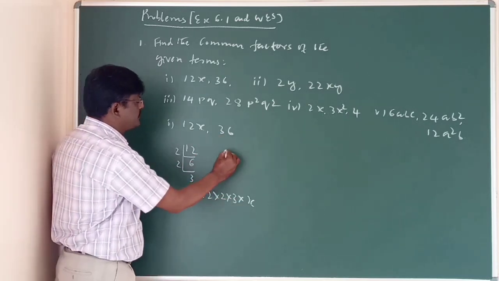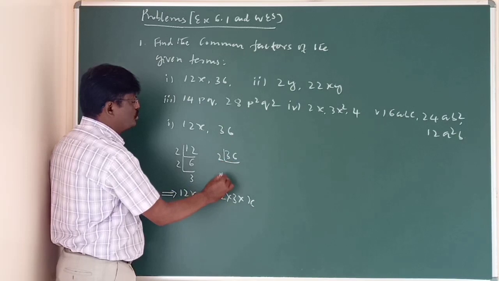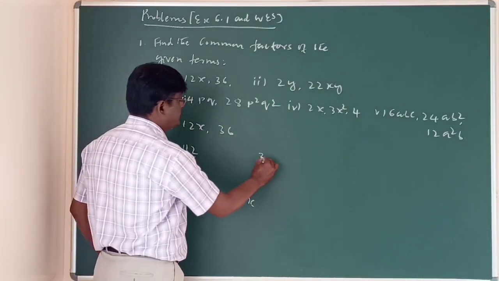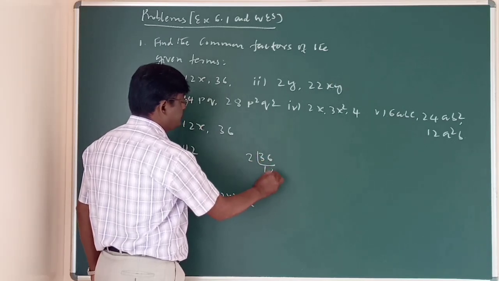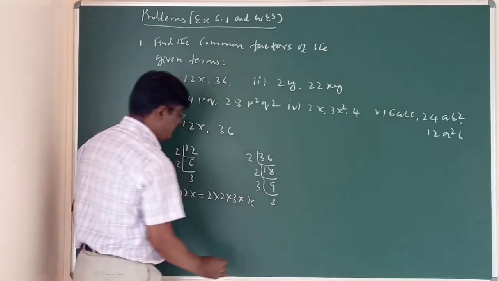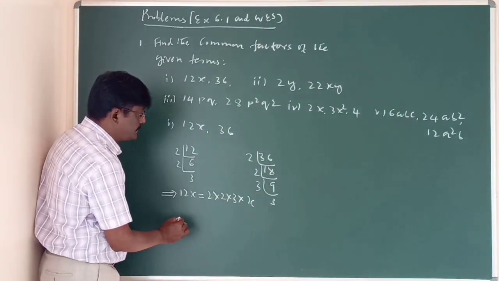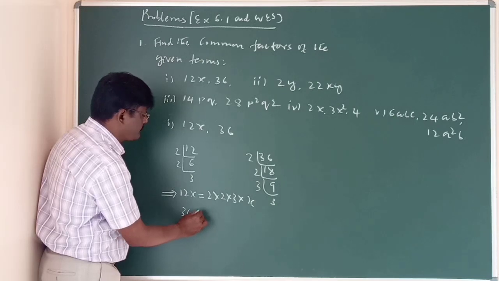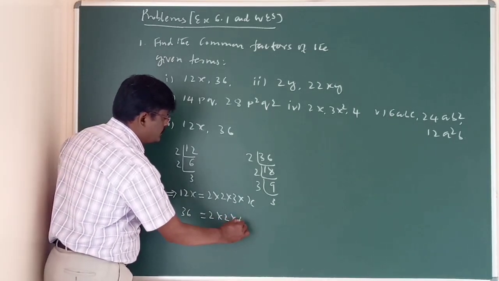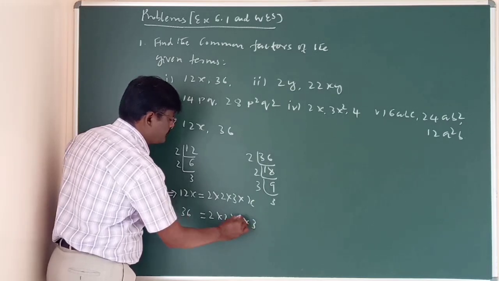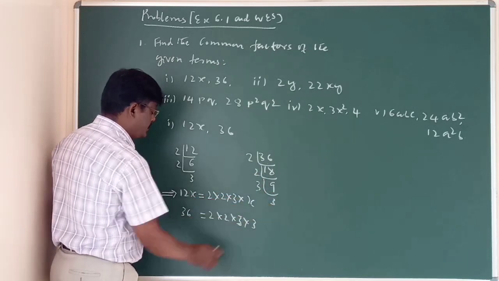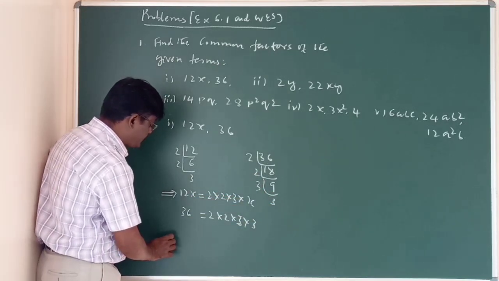Next, 36. 2 18s are 36, 2 9s are 18, 3 3s are 9. Thus 36 equals 2 into 2 into 3 into 3. Then how to get the common factor?